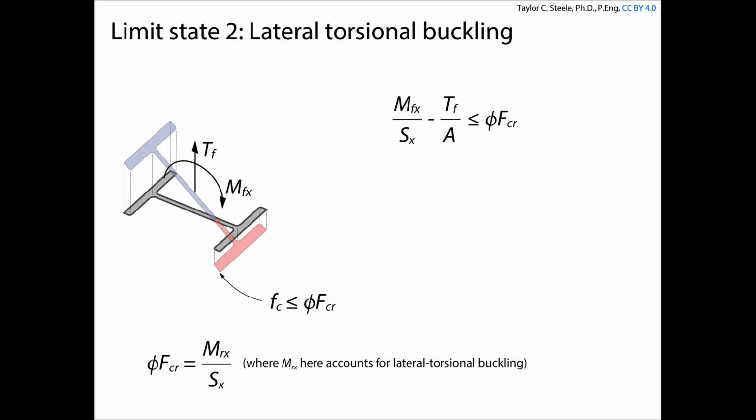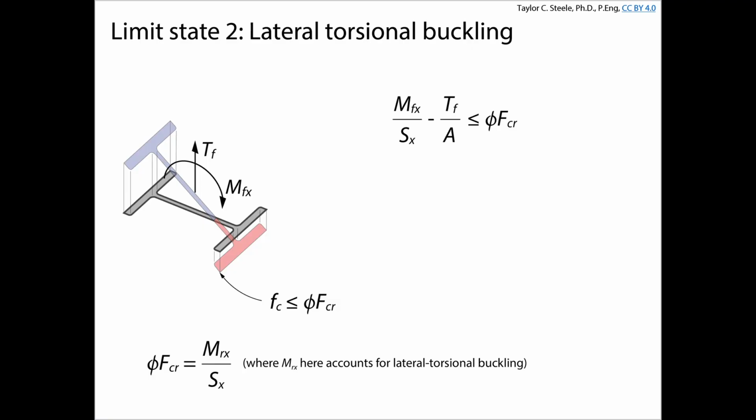What we're going to do is say, okay, what's the moment resistance of our beam associated with the potential for lateral torsional buckling? Either it's phi MU or this long equation, and that is a moment that would cause lateral torsional buckling. We're going to use that moment and divide by the elastic section modulus to get the critical compressive stress that would cause that moment to occur.